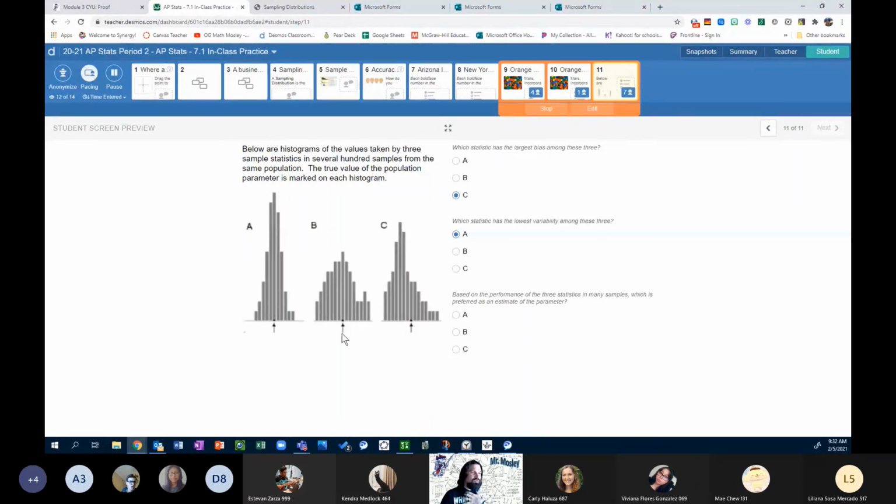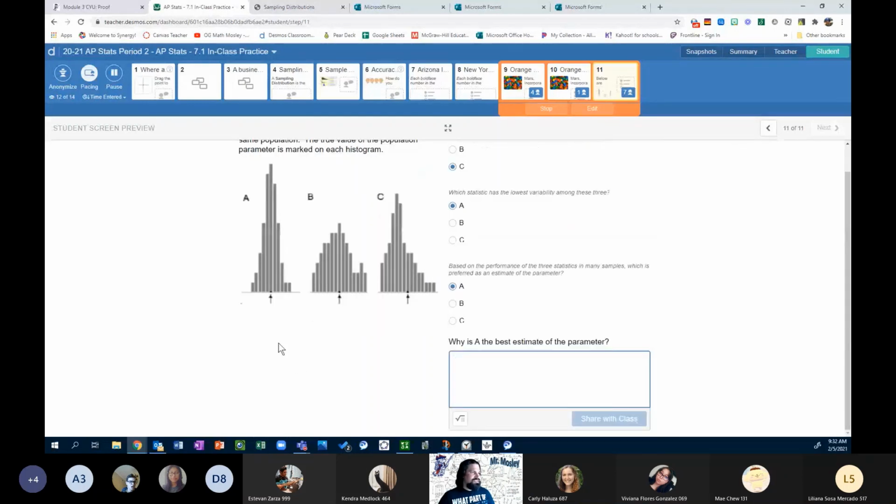And then based on the performance of the 3 statistics in many samples, which is preferred as an estimate? Again, that would be A, because it has the least amount of bias and the least variability. And that's what we want. We want no bias if possible, and as little variability as possible. And so that is what A is giving us.